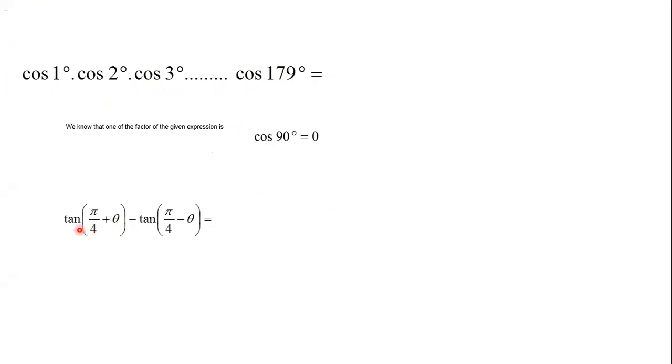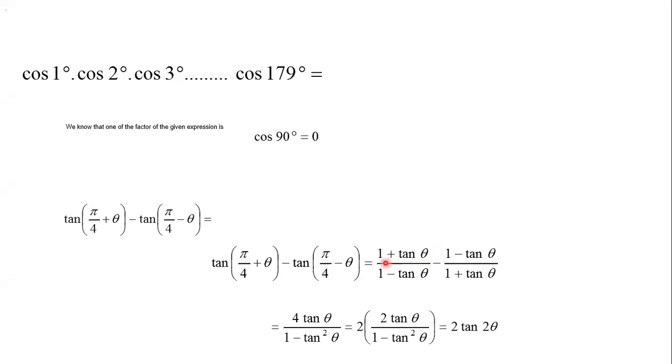And the next one is, we want to find out the value of tan of pi by 4 plus theta minus tan of pi by 4 minus theta. So here we'll use the formula or relation of tan A plus B and tan A minus B. What is it? Tan A plus B is tan A plus tan B divided by 1 minus tan A into tan B. And we know that tan 45 is 1.